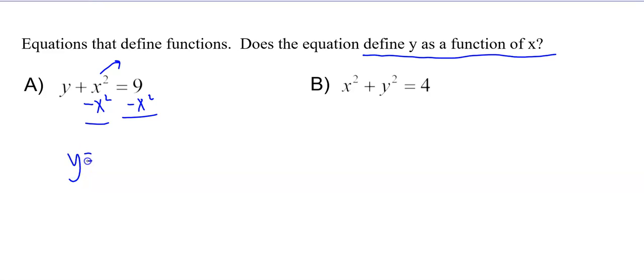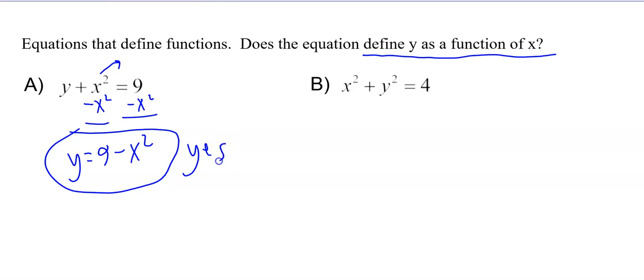You get y equals 9 minus x squared. That is, yes, a function. I solved it for y, and I got one thing that I can graph in my calculator, 9 minus x squared. The graph of that is probably going to look something like this. It crosses the y-axis at 9 up there. It's a parabola, but it definitely passes the vertical line test.